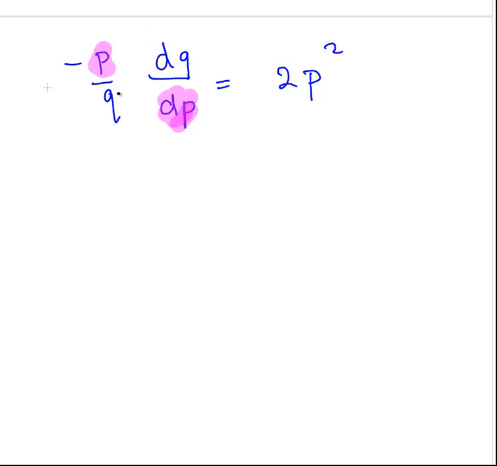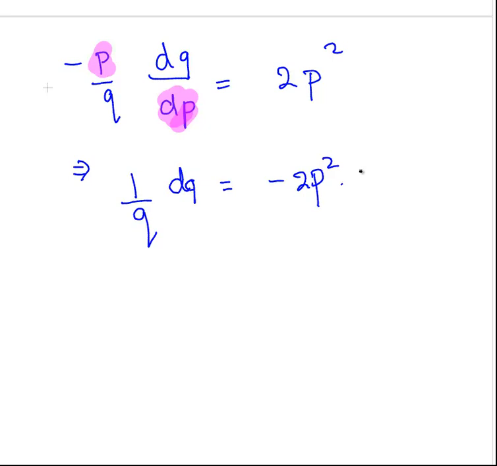So I'm going to write this as follows: 1 over Q dQ over dP is equal to minus 2p squared.